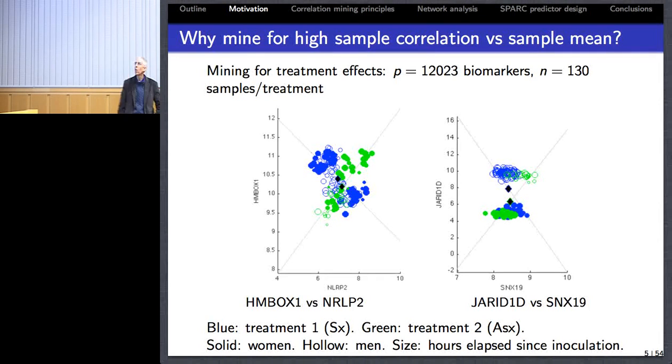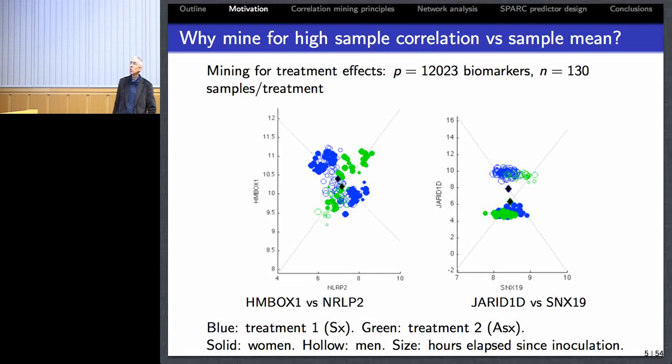I'm not going to describe what this is other than to say you have blue and green dots on a plane. The plane measures the expression, in terms of abundance of mRNA, from an Affymetrix human 133A chip for two pairs of genes.